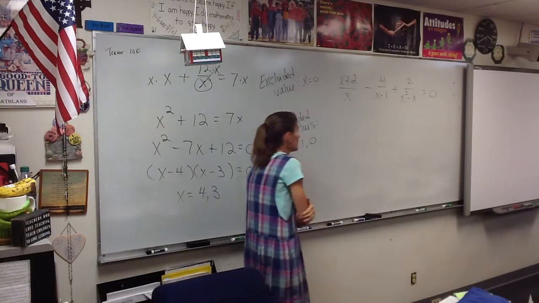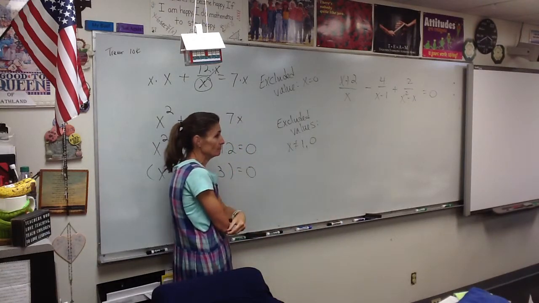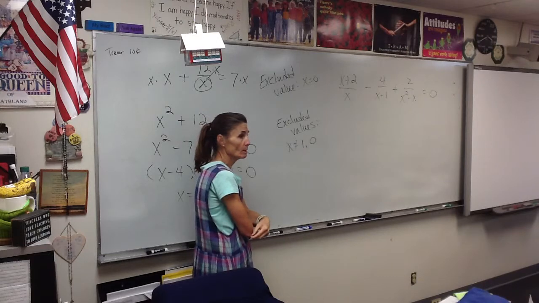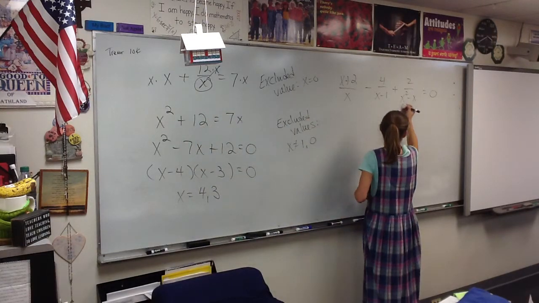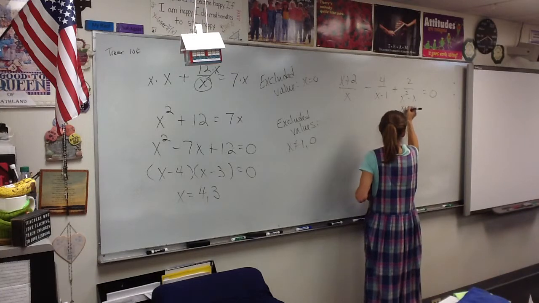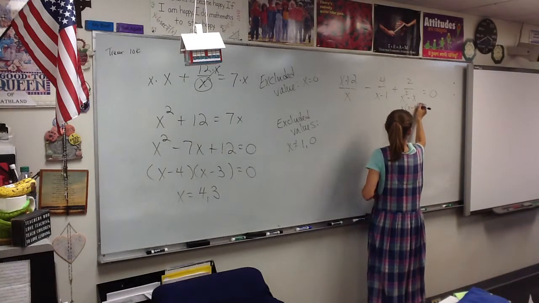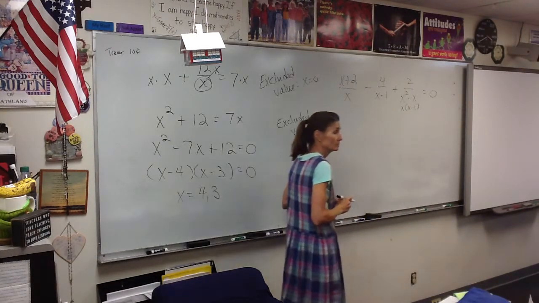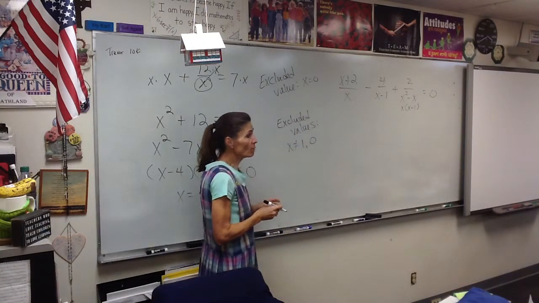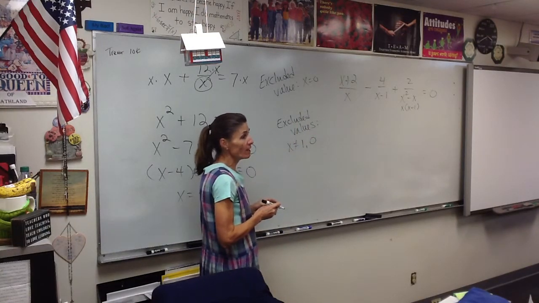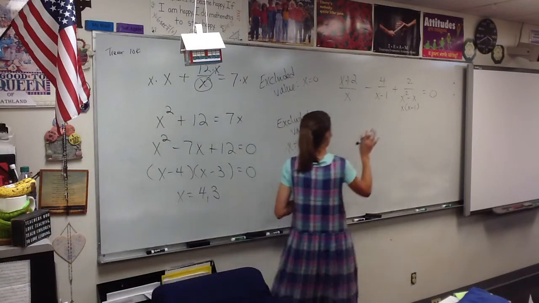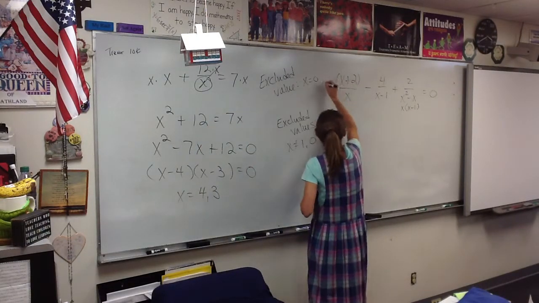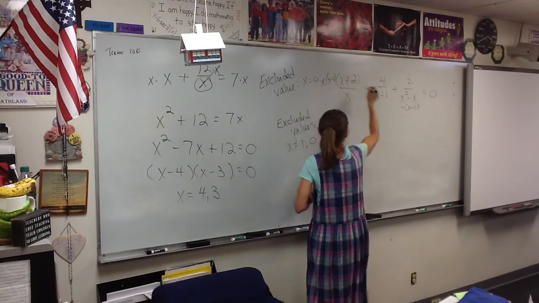All right, any idea on how we might start this? First of all, let's factor this. How does this factor? X squared, x minus 1. So if I want to clear every denominator, I can do that by multiplying by what? x and x minus 1.